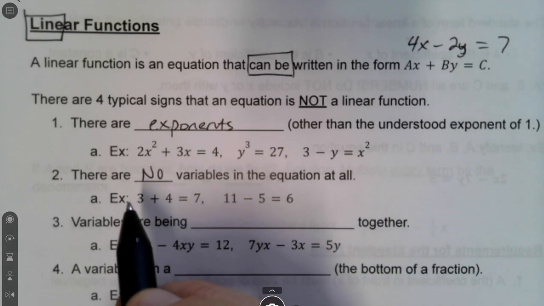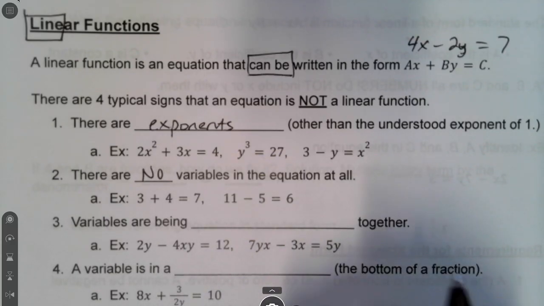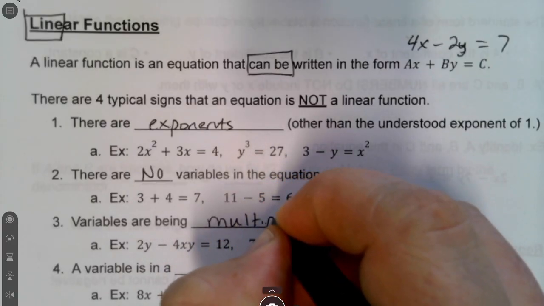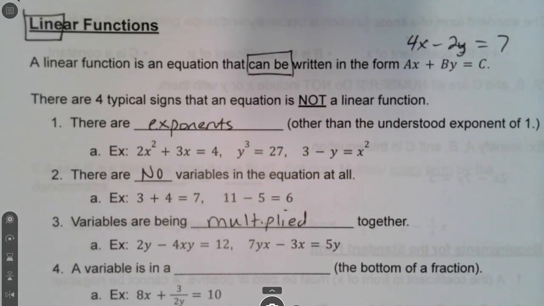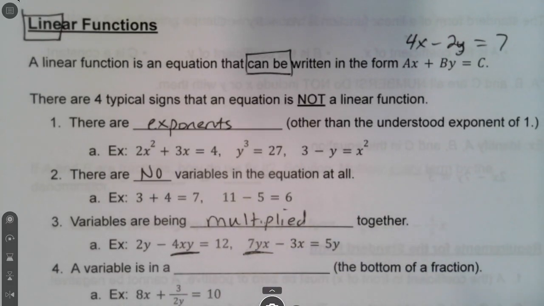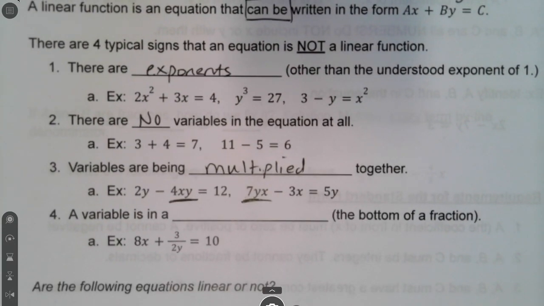Now this won't show up much, honestly, number 2, but I want to be official and tell you all the things. Also, if variables are being multiplied together, that's not going to be linear either. So this right here and this right here make these two not linear because we have variables being multiplied together.